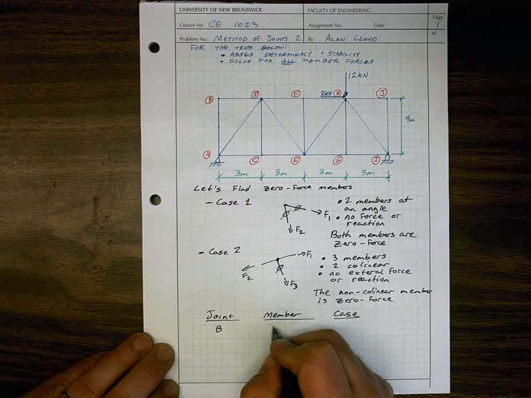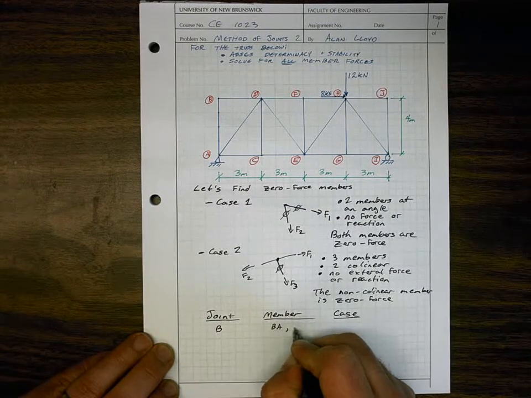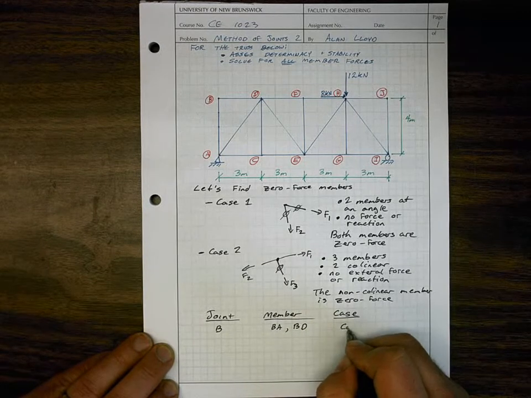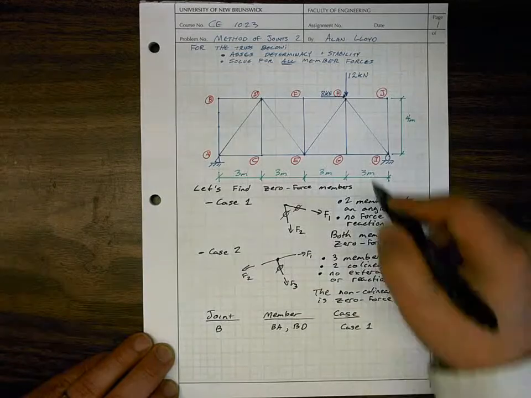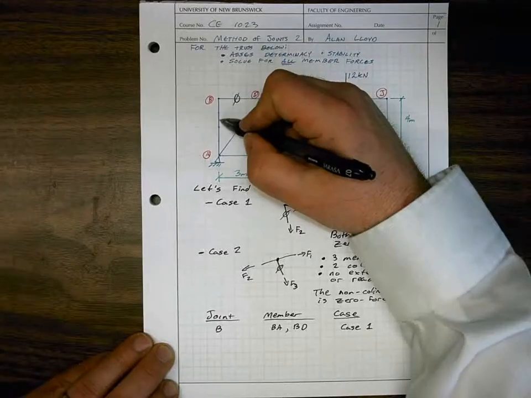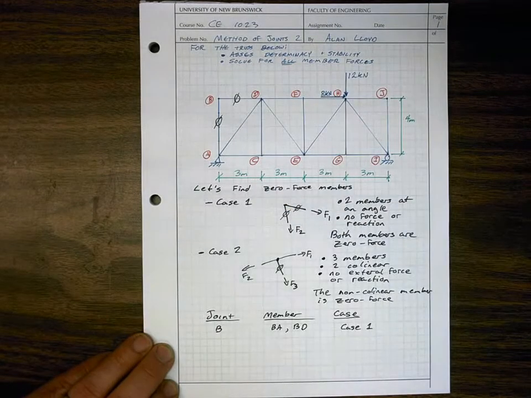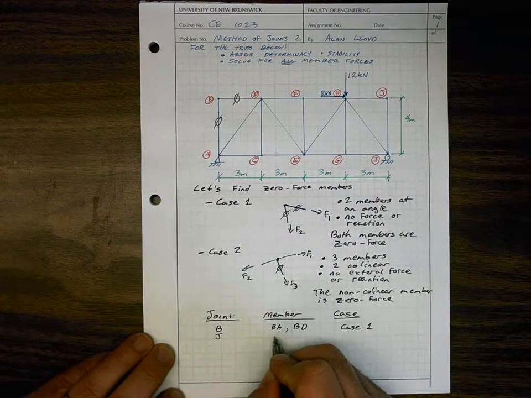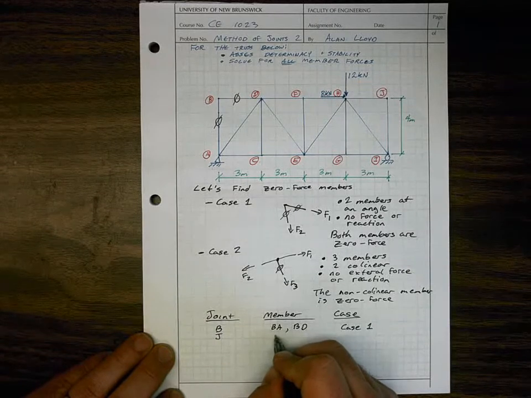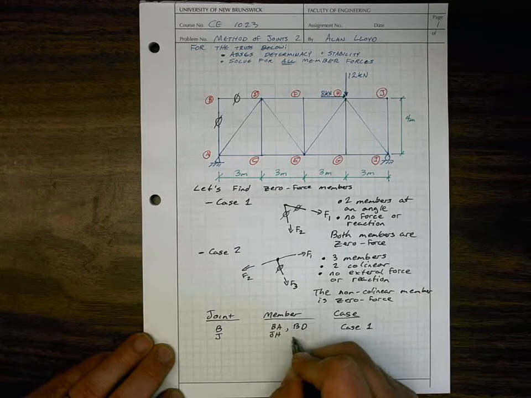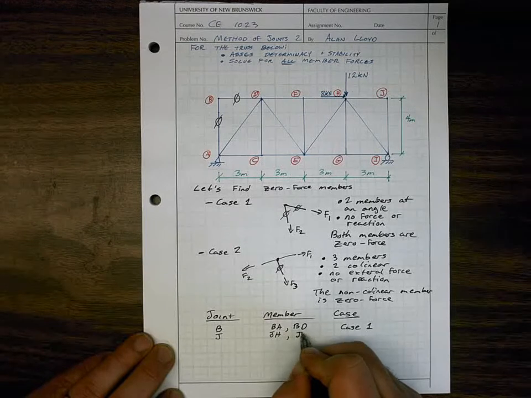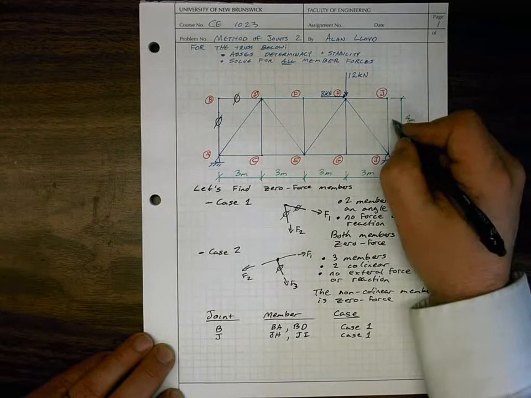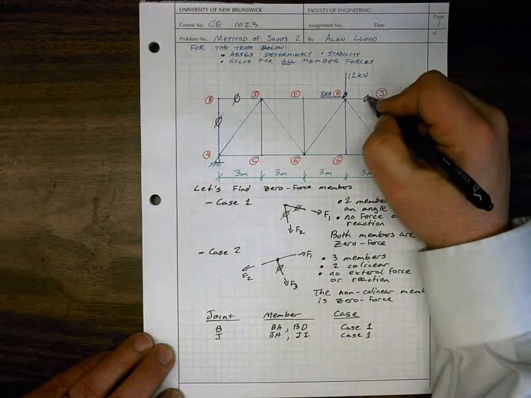That means that both members BA and BD are zero force because of case 1. And we can go here and identify that there's zero right on our diagram. We could apply the same logic at joint J and see members JH and JI from case 1 are both zero force members.